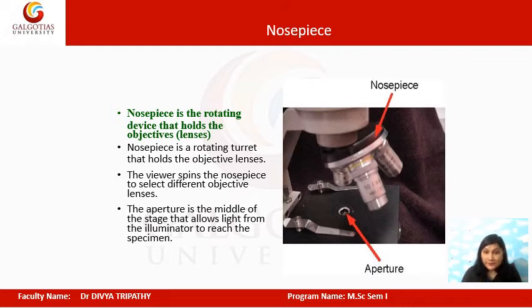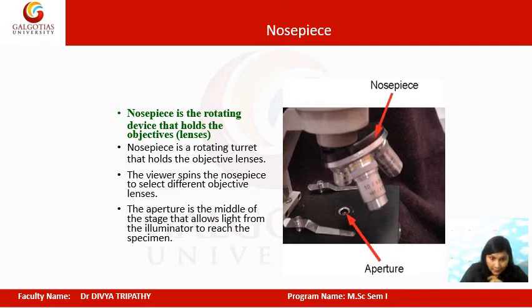So on the nose piece, this is the nose piece you can see, we have different types of objectives that will be used under different circumstances, or this is actually based on the type of object that you are going to study. Okay, the viewer spins the nose piece to select a different objective lens. You can rotate, this is the axis of rotation, and you can rotate your nose piece in a clockwise or anti-clockwise manner.